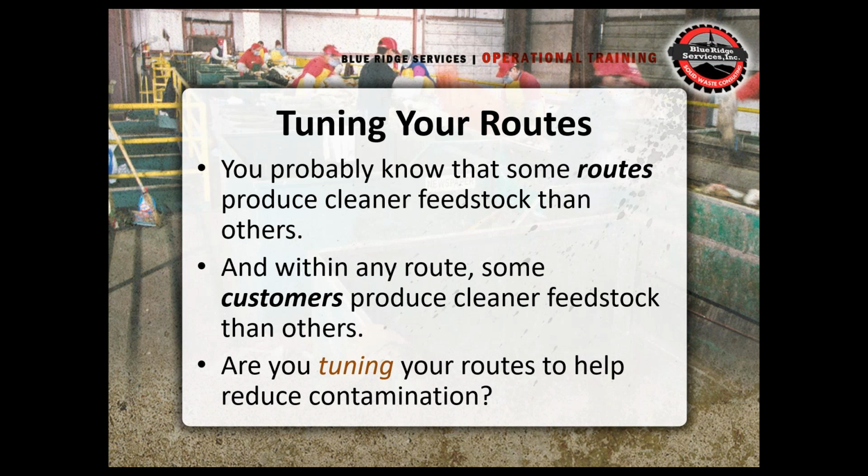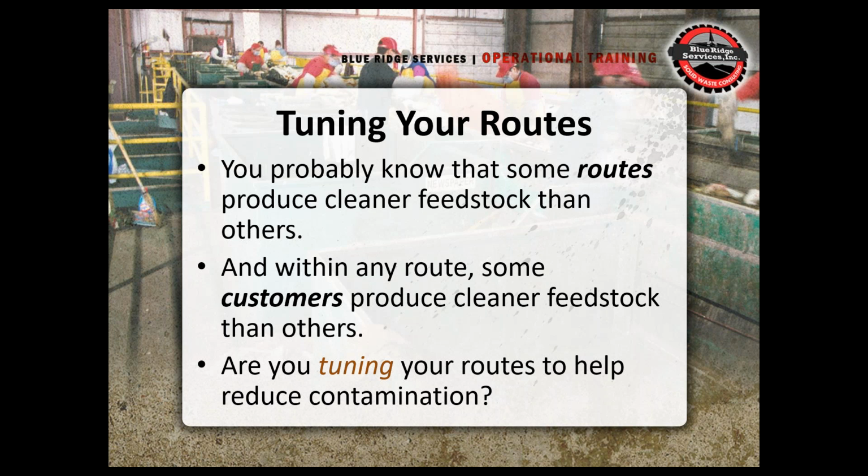If you're picking up cardboard from a restaurant or another type of store, you may tend to get more contamination in there because maybe the customer's workers don't pay attention to that. Maybe it's just inherently there's more contamination in certain types of businesses. And so being able to identify where that contamination is coming from and then tuning your routes can help minimize that.